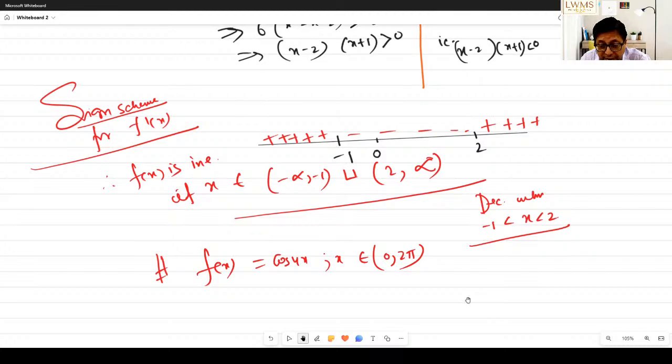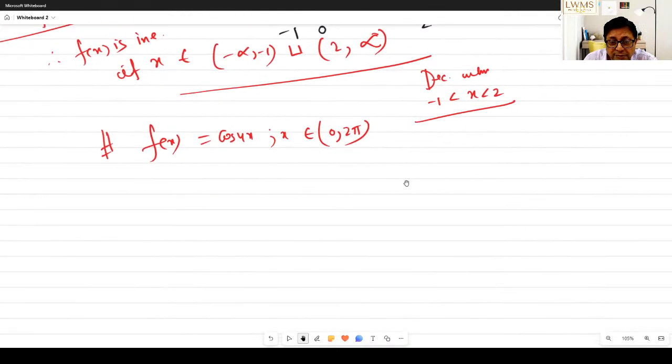If you graph the function, the cosine function only will be there. On the interval 0 to 2 pi, we have to find where it is increasing and where it is decreasing. Graphically, you cannot get all these things for a particular interval if you plot cos 4x. But the method I am going to tell you is quicker than that. Without mistake, you can get it. Okay?